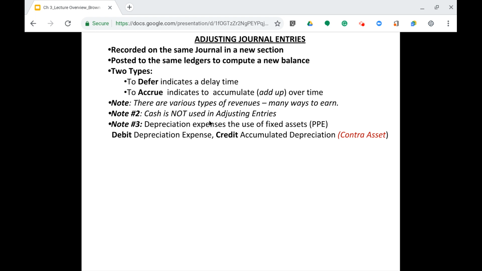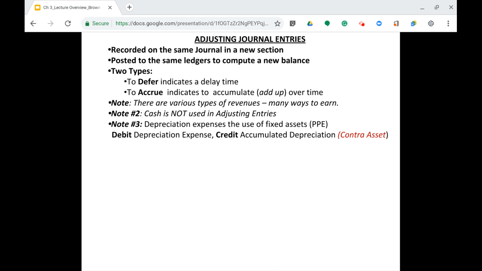Note number 3, depreciation expense is the use of your fixed asset. What does that mean? That means that every time you expense the use of your fixed asset, you have earned money doing it. How so? You bought a delivery truck to make deliveries. Every time you drive it, you're driving more miles to make deliveries.